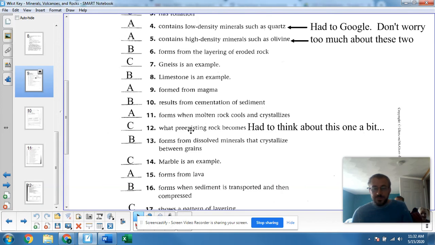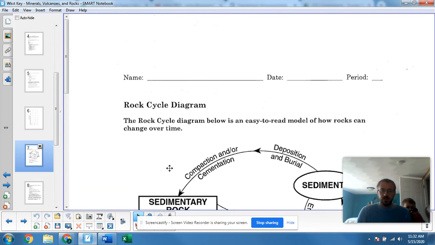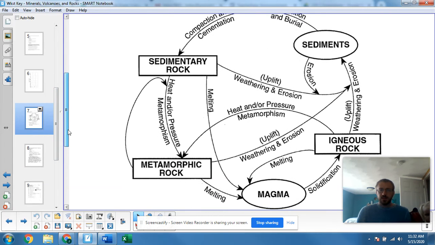Okay, I had to think about number 12 a little bit because it's not necessarily on the ID chart. It's not in our notes. It's more of a logic, thinking-through question. If we take a look at the rock cycle, sedimentary rocks form from sediments, igneous rocks form from magma.